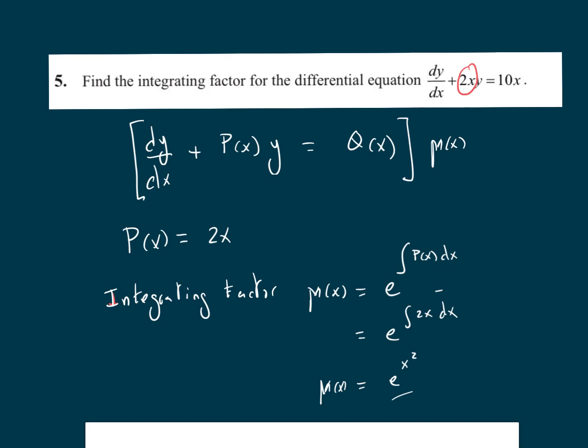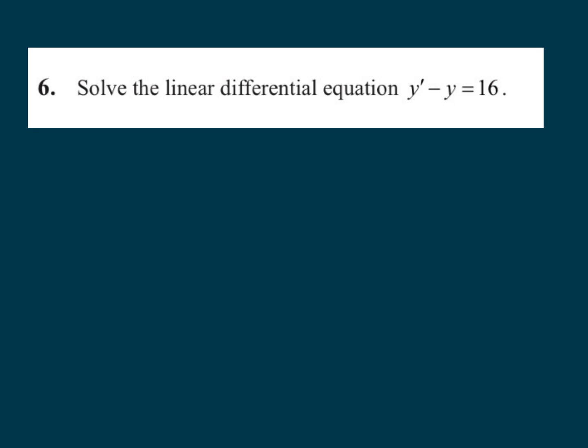So the solution to this problem, find the integrating factor: the integrating factor is e to the x squared. Now let's go to solve this differential equation. It's written in a standard form, so I don't have to do any manipulation to the equation.